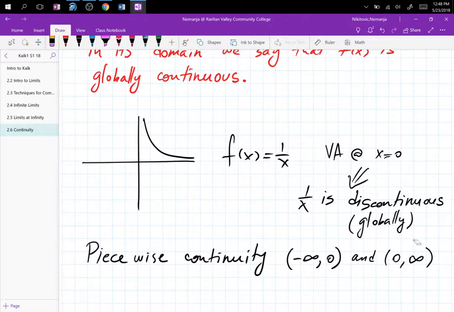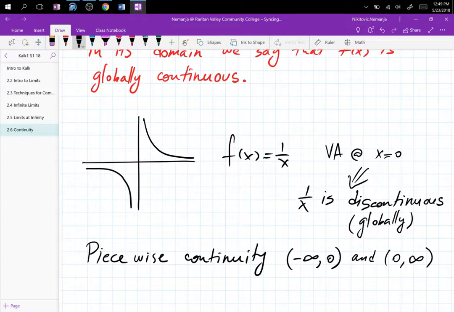Now if I am to add that half back, globally the function is discontinuous, but the two pieces are what we say piecewise continuous.